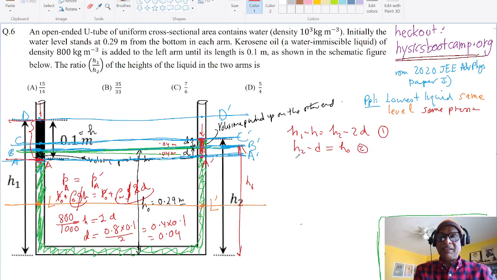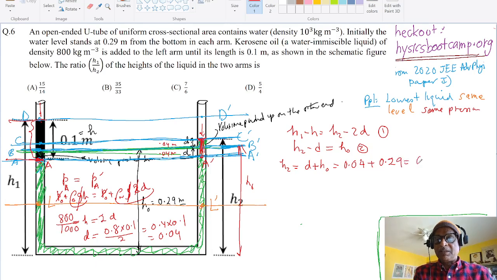So from here I can get what H2 is. H2 is D plus H0, and D we just found was 0.04 plus 0.29, which is 0.33 meter. And from here H1 will simply be H plus H2 minus 2D.